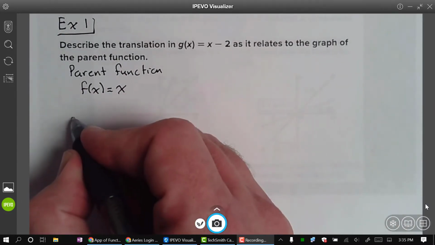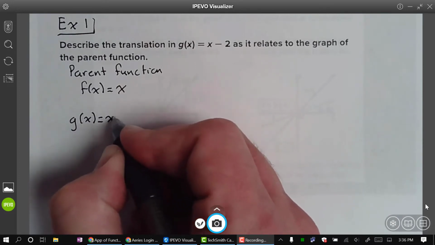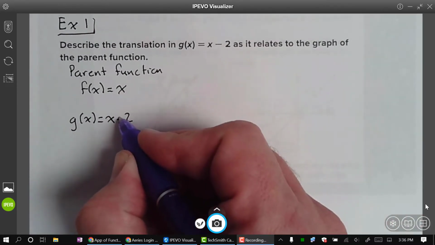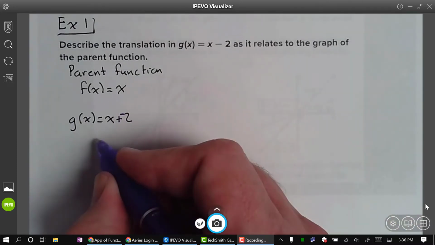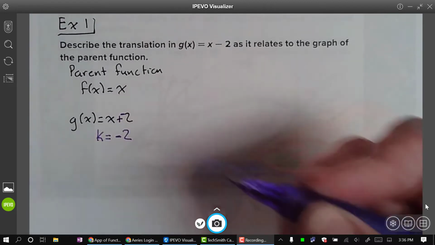For our problem, we have g of x equals x minus 2. Remember that this idea comes from x plus k. So if this is plus, this would become minus 2. My k value for this problem is negative 2.